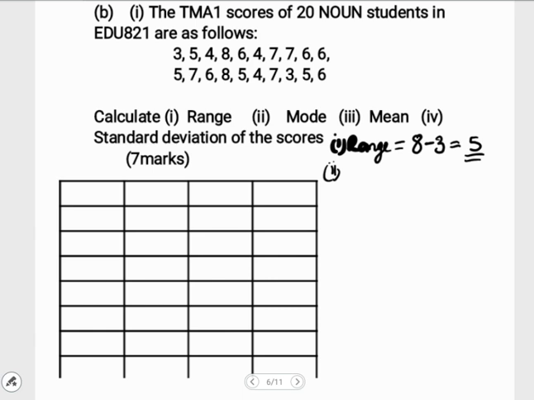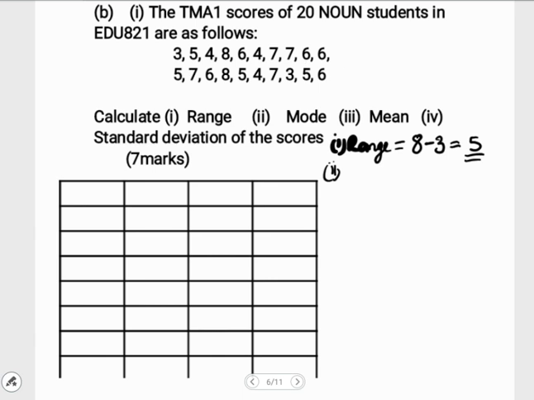So we are going to look at all these scores to see the one that appears the most. 3 appears only 2 times. 5 appears 1, 2, 3, 4. 4 appears 1, 2, 3.